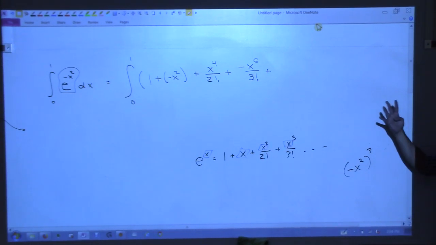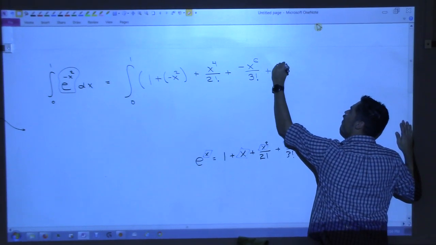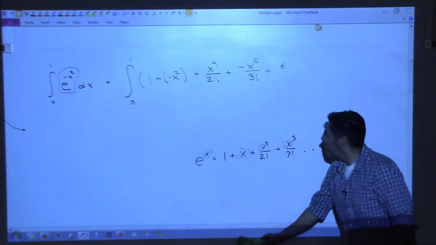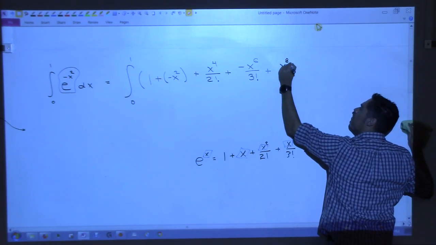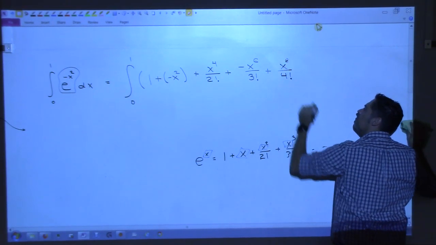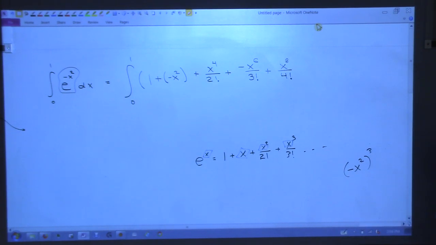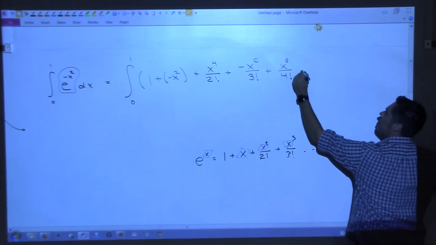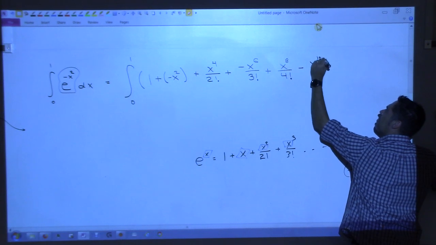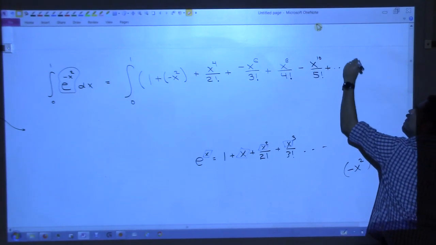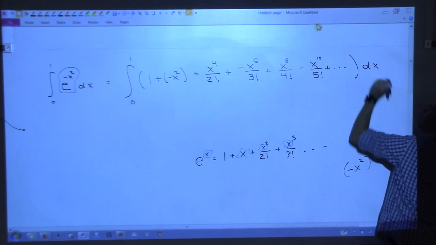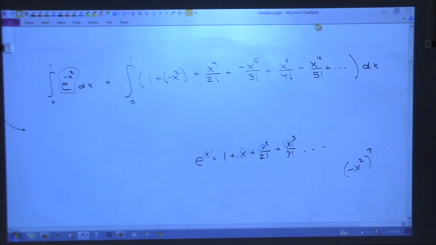The next one would be to the 4th power, wouldn't it? X to the 8th over 4 factorial. Any guess to the next one? Minus x to the 10th over 5 factorial plus dot, dot, dot, dx.